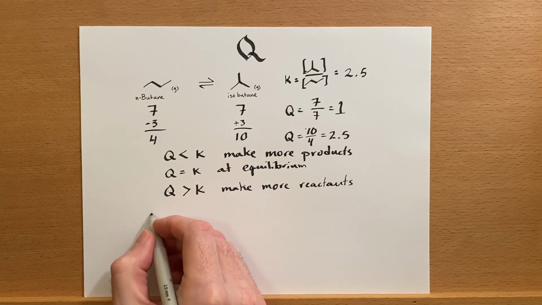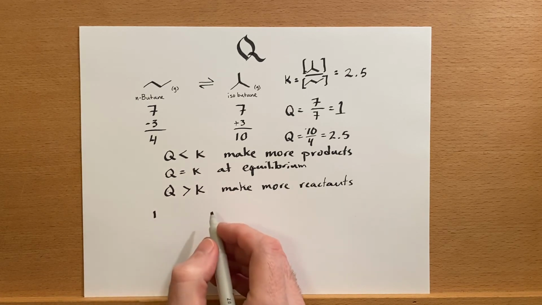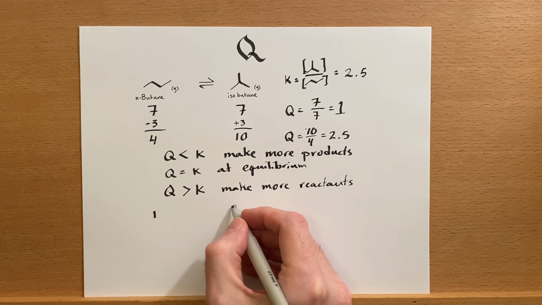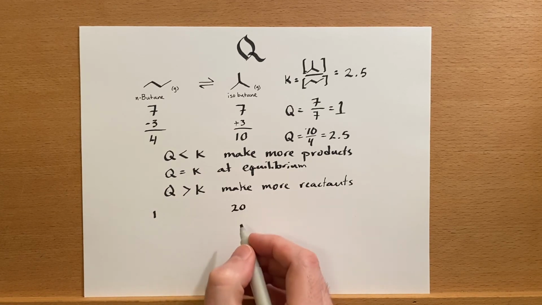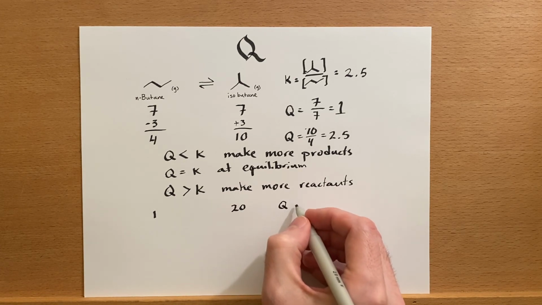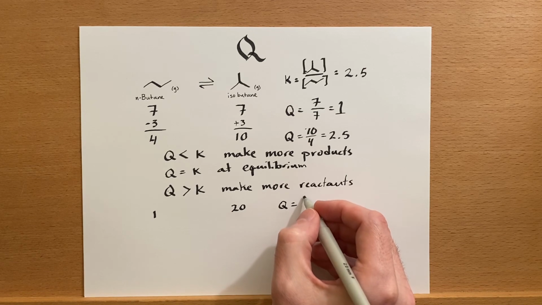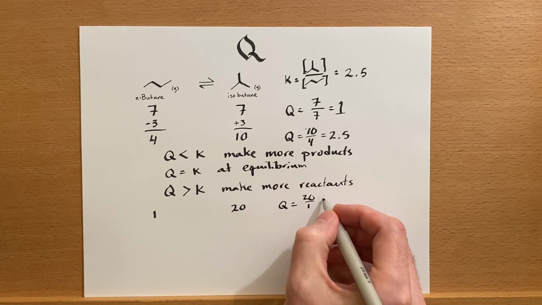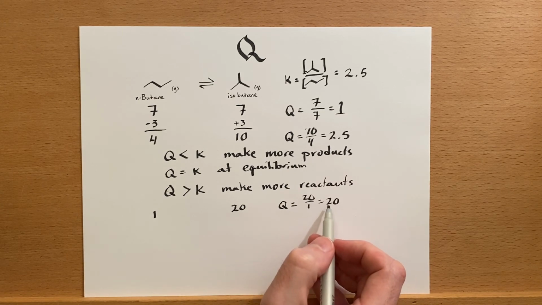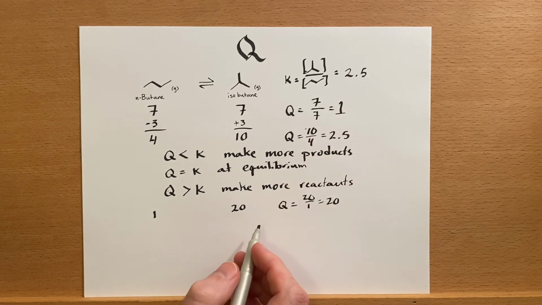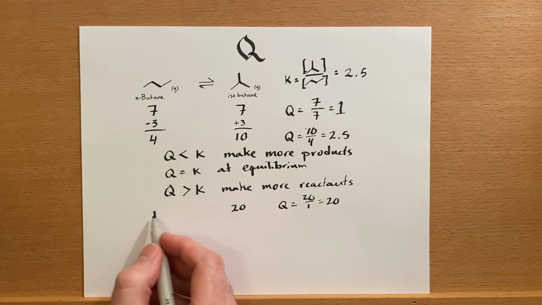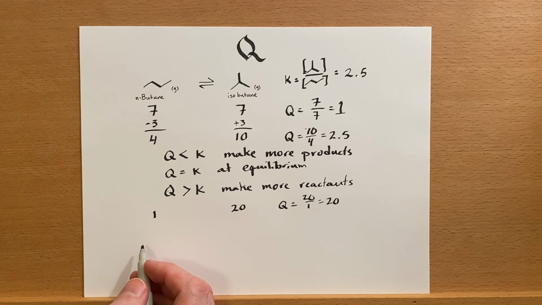So, if instead we only had one N-butane molecule and we had 20 isobutane molecules, then our Q would equal 20, because 20 divided by 1 is 20, and 20 is a little bit bigger than 2.5. And so we know that we need to get rid of some of these products and make some reactants out of it.